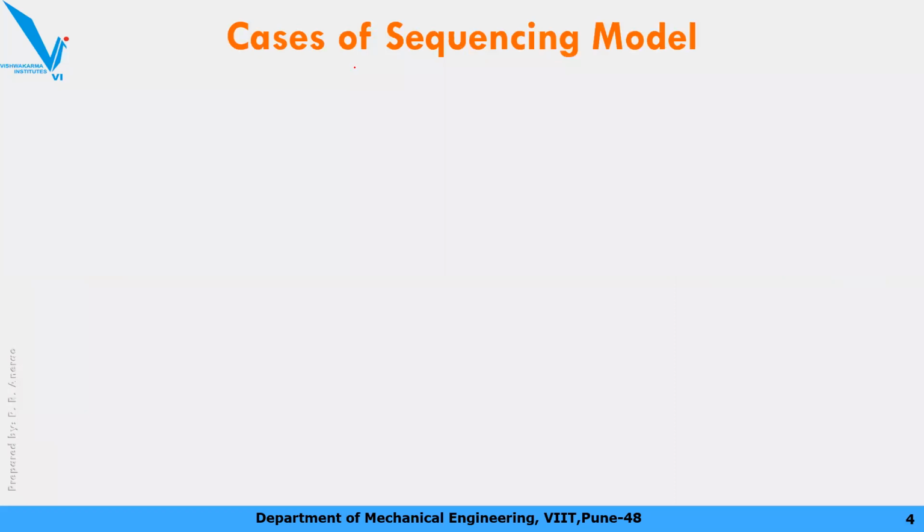Next, there are some cases of the sequencing model. Around 5 cases are there. By analytical method, we can solve those cases. The cases are very simple. The first case is n jobs on only one machine.